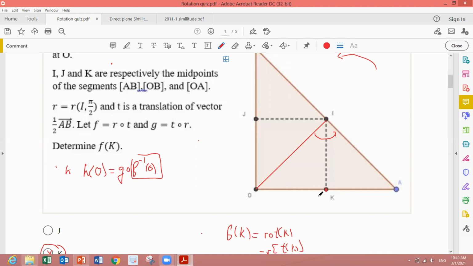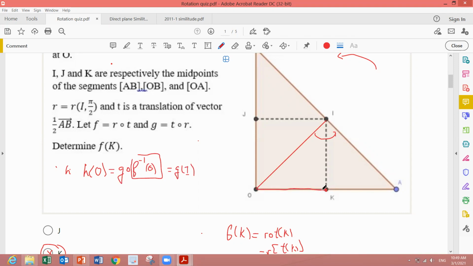I want to rotate it by angle minus pi over 2 to get I. From center K we go to O, from O we rotate from I or from K? From K. You have to rotate.